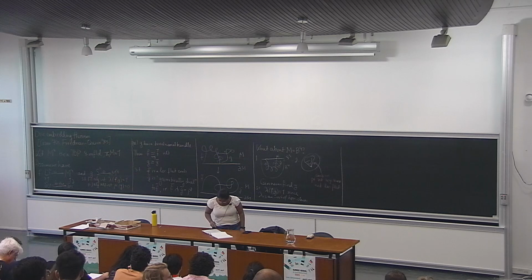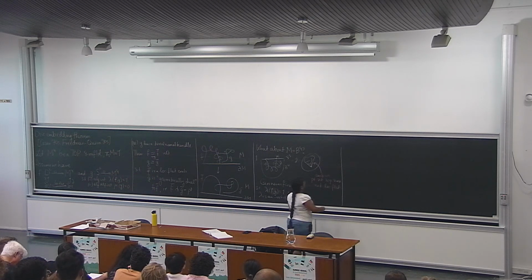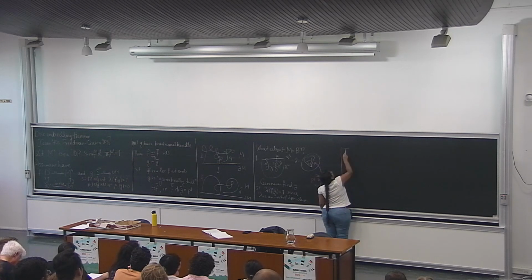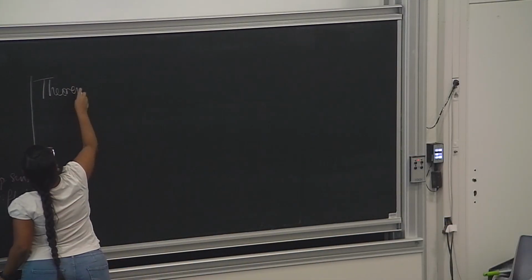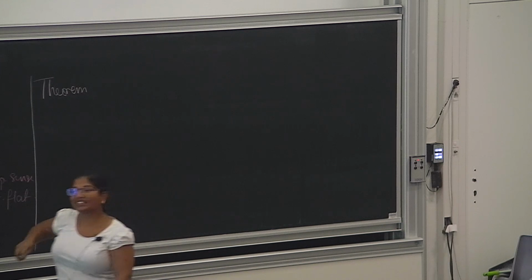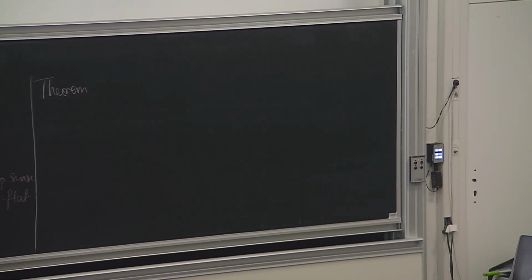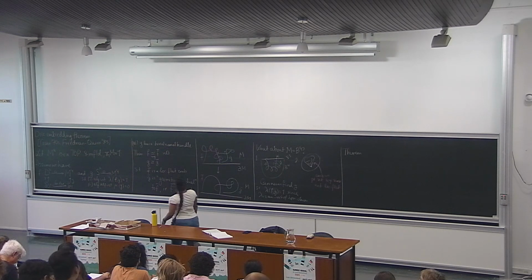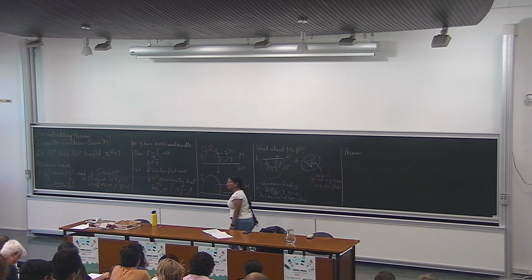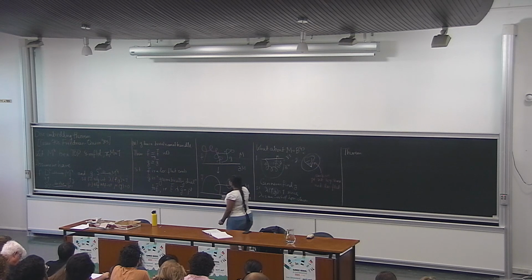Okay. What should I do? I should do this. The theorem that I wanted to prove is the following. Yes? That's a great question. So the question was about uniqueness of F bar.